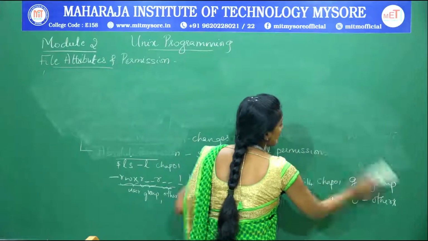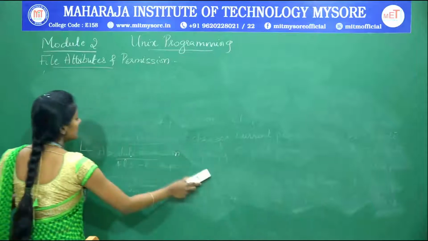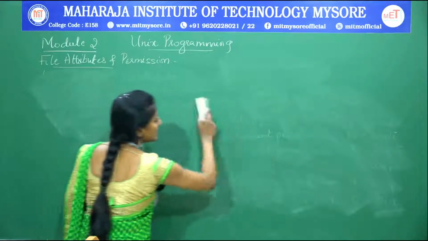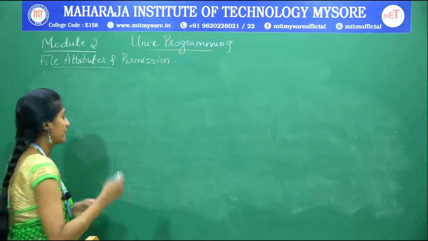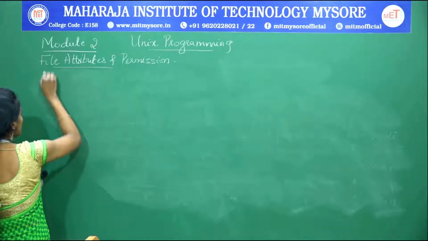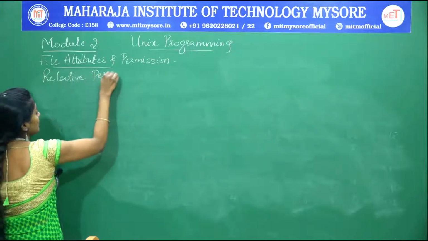So in the relative mode, as I said, it is going to specify what? It is going to specify just the current permission of that particular file. So let me consider the relative permission.